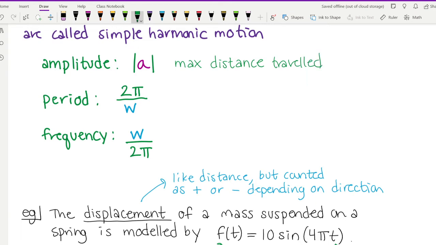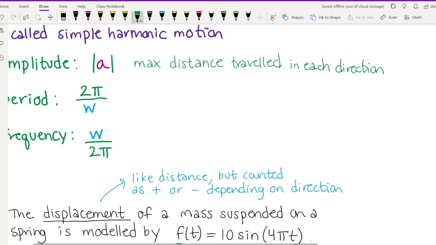And we'll see that in some cases, we're not going to be talking about distance. So the word distance isn't always the appropriate thing, but I think it's an okay way to think about amplitude. It's the maximum distance traveled in each direction. So not like the total distance traveled from the very top to the very bottom, but if you just think from the middle, what's the furthest it goes in each direction, that's your amplitude.